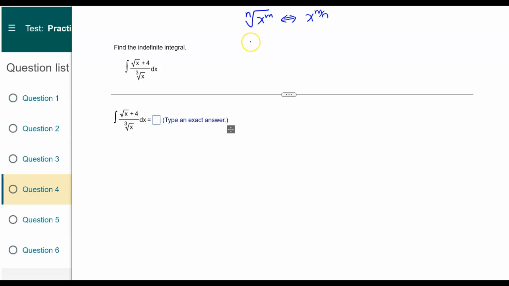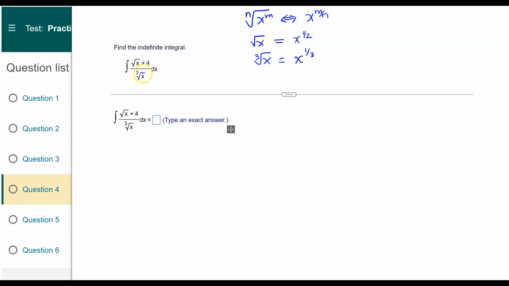So in other words, the square root of x is just x to the 1/2. And the cube root of x can just be written as x to the 1/3.